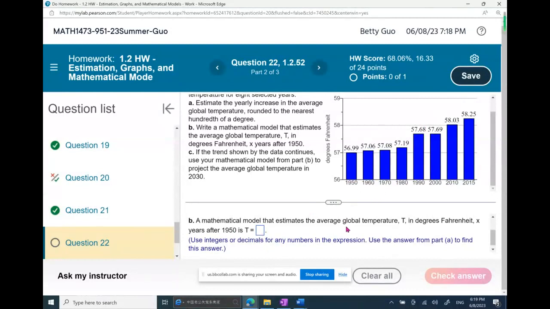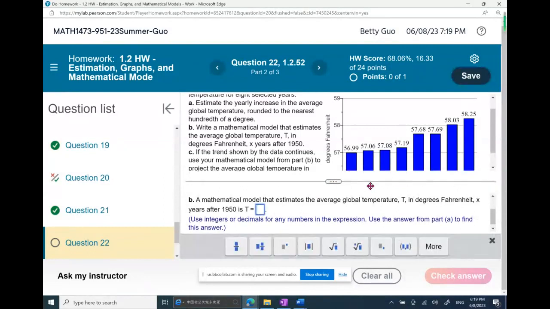If we use a linear model to approximate the trend, T is the temperature, X is the years since 1950. Then what's the equation? We're going to have an equation of a straight line in slope-intercept form. Okay, yeah. So let me type mx plus b.